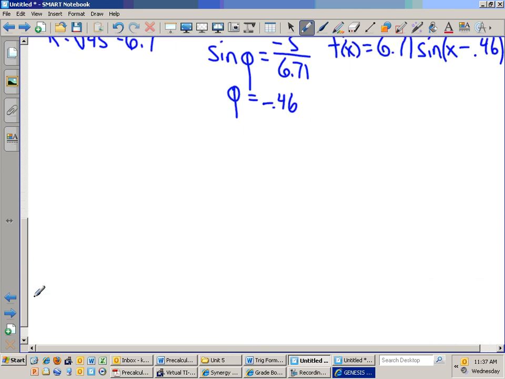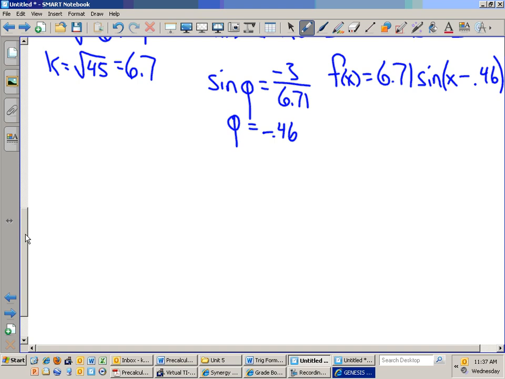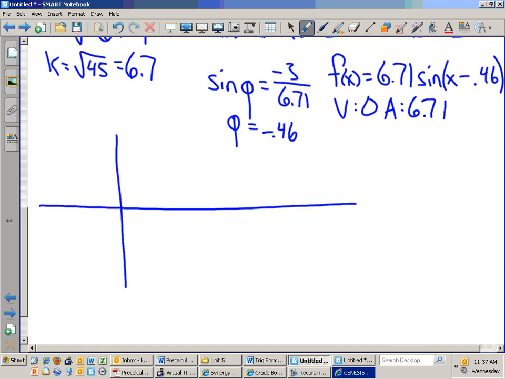Let's graph it. What's the vertical shift? 0. What's the amplitude? 6.71. I draw my graph. I go up to 6.71, down to negative 6.71.